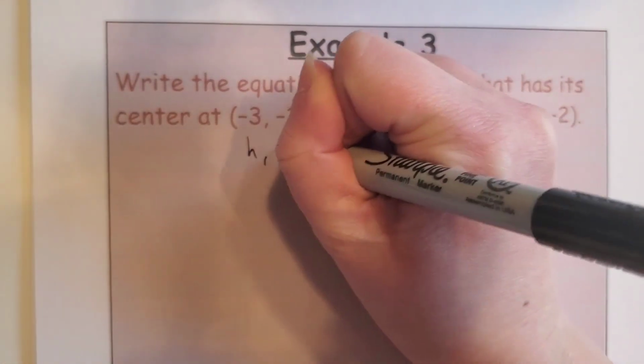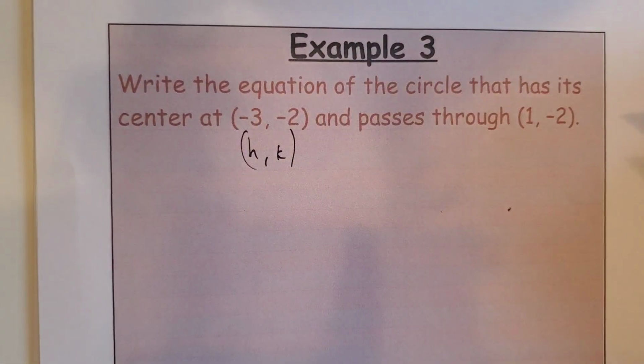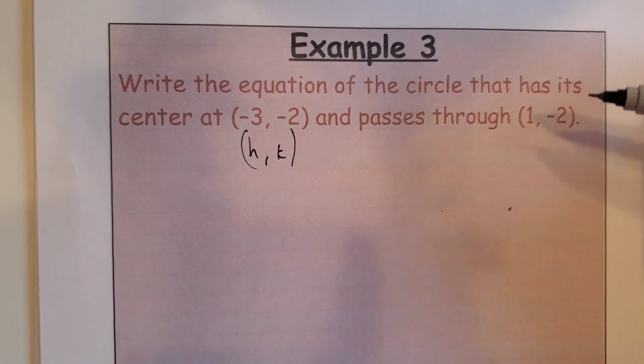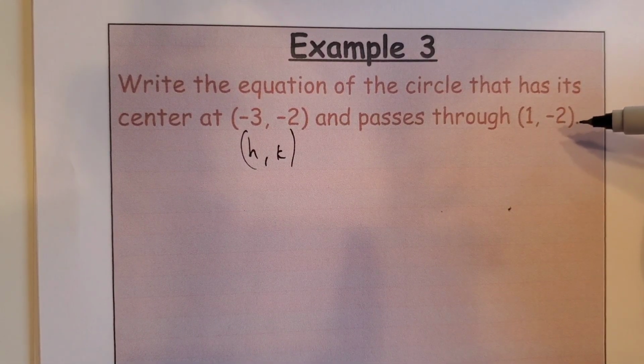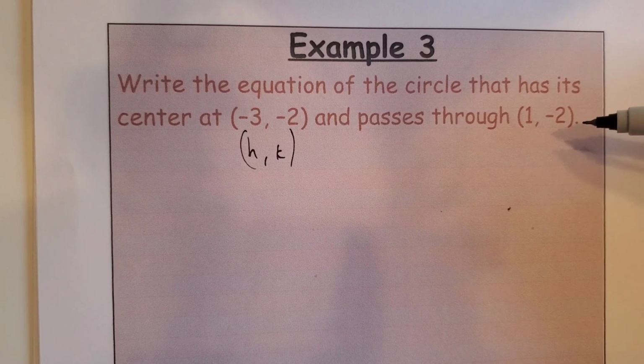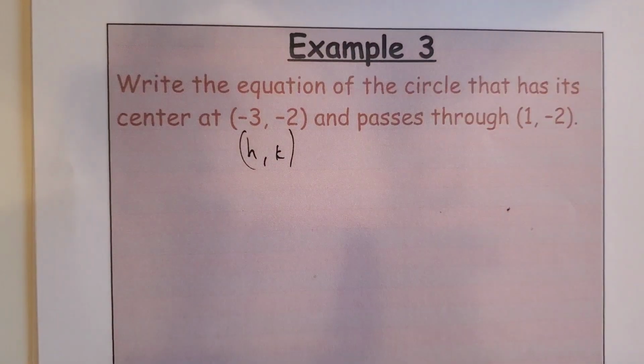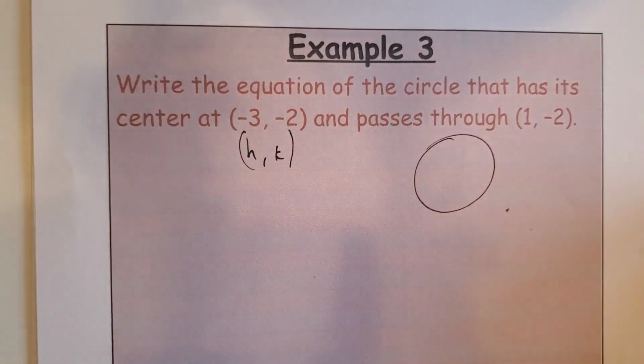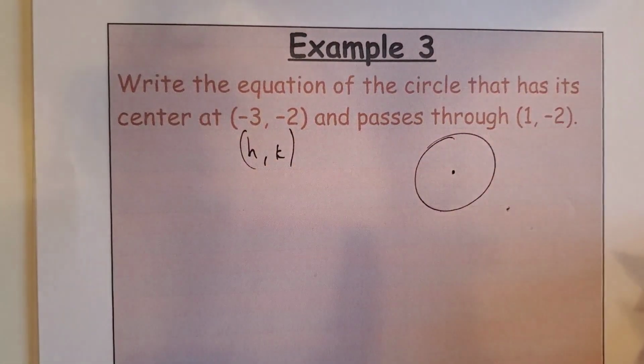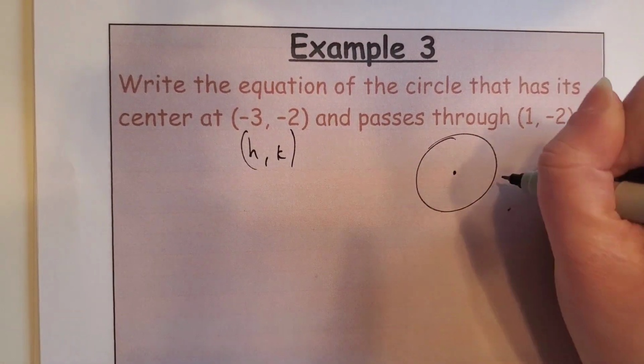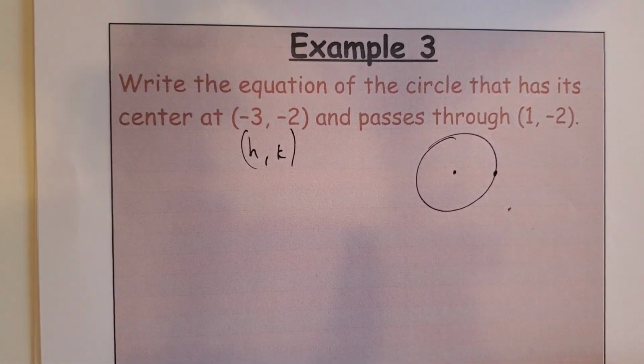You have your h, k center point. That it passes through this point means that this 1, -2 is a point on the circle. If we sort of drew this, here's your center, and 1, -2 would be somewhere over here.